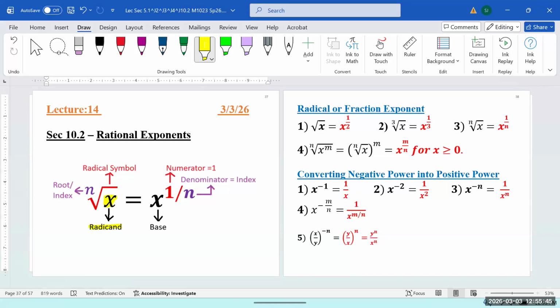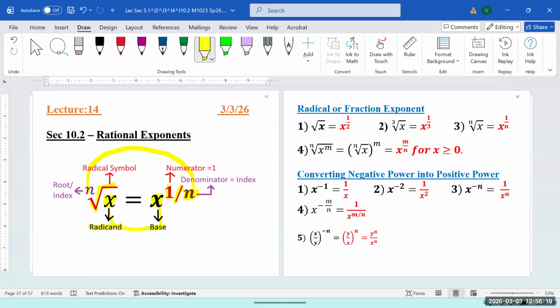Now, when we have radical, we want to convert that into exponent power because exponent power is easier to deal with. So in this conversion, this radicand turns into base for the fraction power, and the radical symbol turns into 1 over, and the index or the root turns into the denominator. So every part can turn into something.